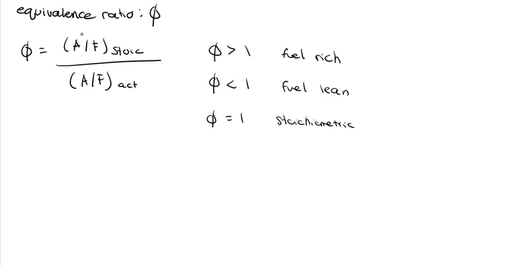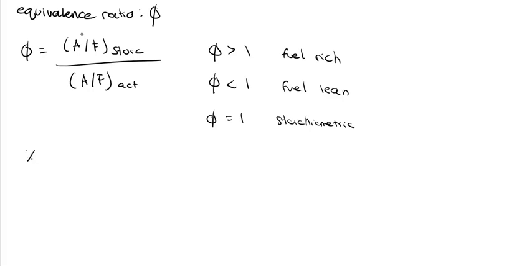Okay, in many combustion applications, the equivalence ratio is the single most important factor in determining a system's performance. Other parameters we frequently use to define relative stoichiometry are the percent of stoichiometric air, which relates to the equivalence ratio as follows.